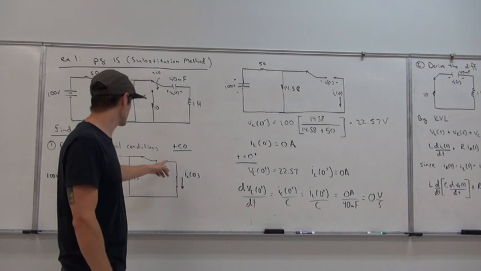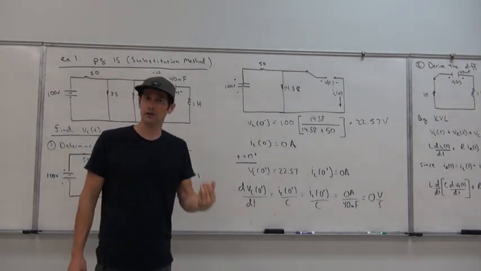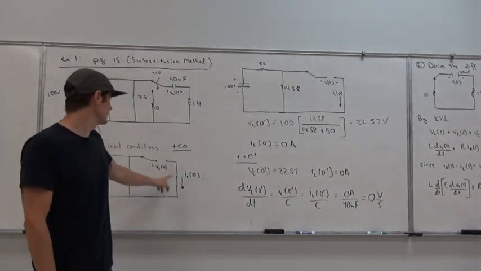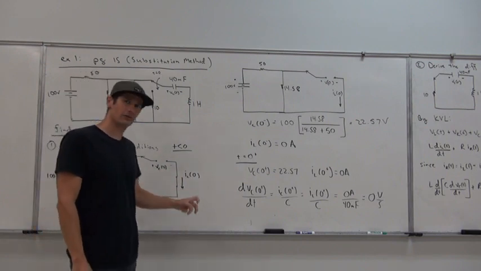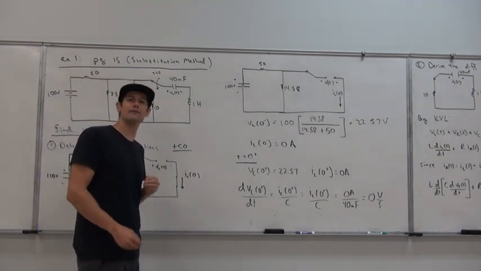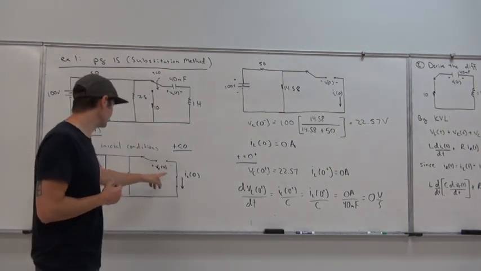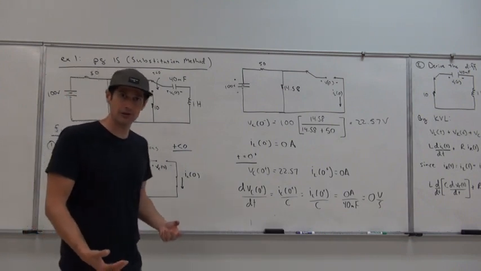Obviously, if there's no change in the voltage, meaning dv/dt goes to 0, then the current is going to be equal to 0 for the capacitor. That's why we model that as an open circuit. And for the inductor, since the change in the current goes to 0, that renders the steady-state voltage across the inductor 0 as well. If we look right here, we've got the capacitor and the inductor in series with each other.